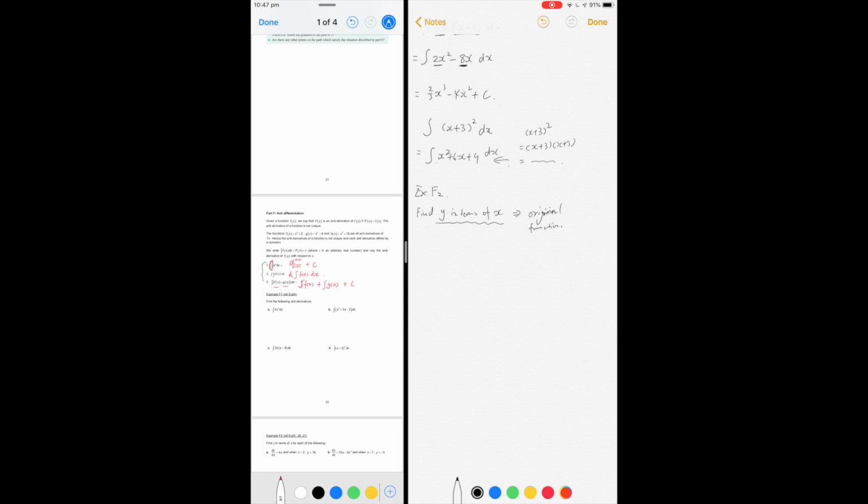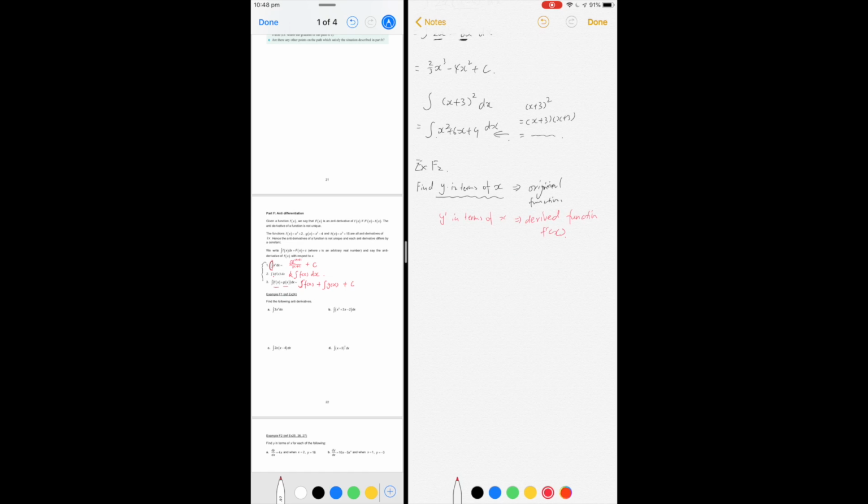For the derived function, if you're interested, it is y dash in terms of x. That's the derived function, which is also f dash of x. So now find y in terms of x. Find the original function, which is anti-differentiation.